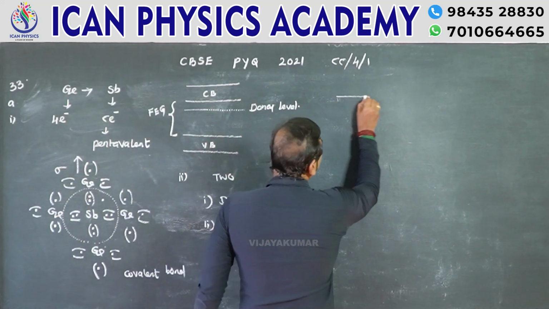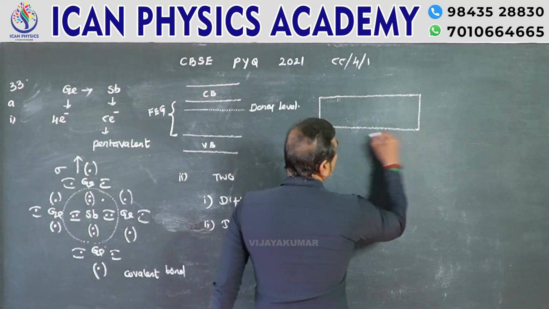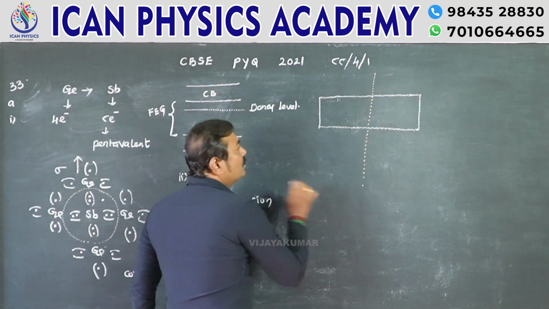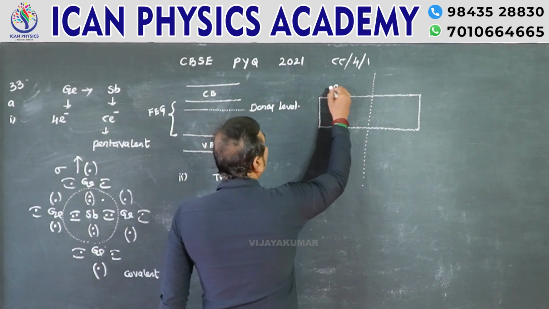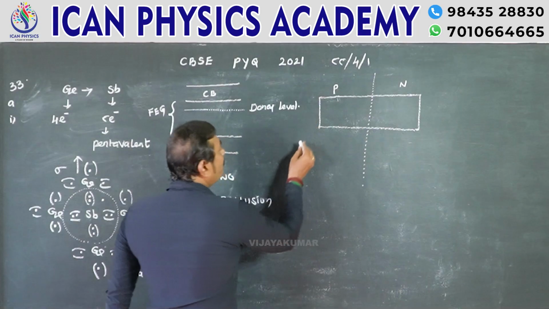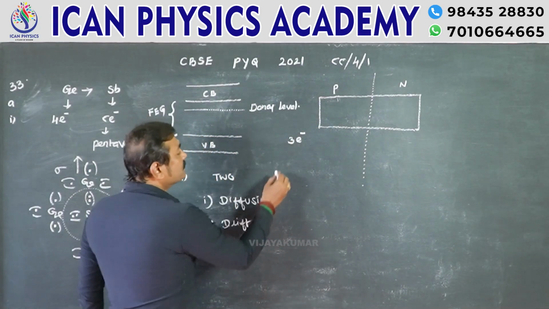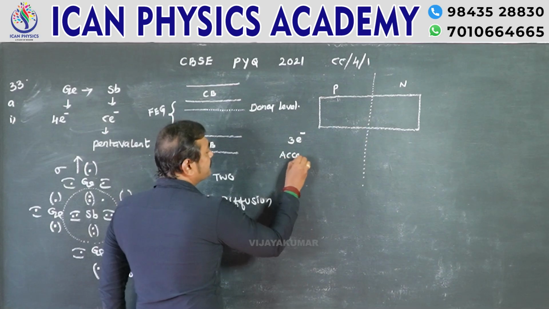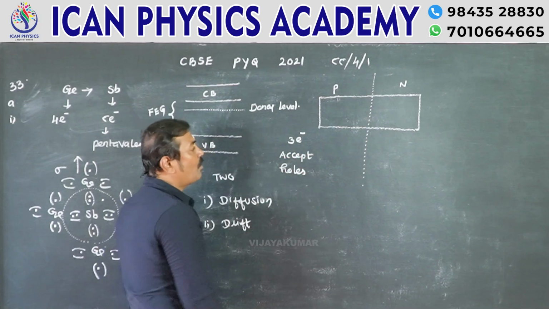Let us consider the first method, diffusion. When the 2 types of material, P and N, are joined: P type is formed with trivalent atoms, with 3 valence electrons, so it is ready to accept, and the majority charge carriers are holes.